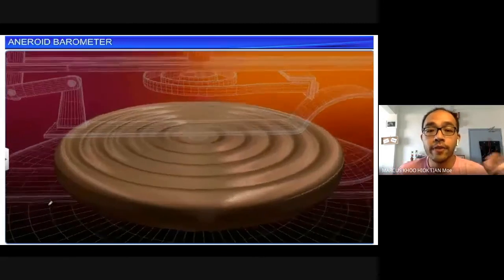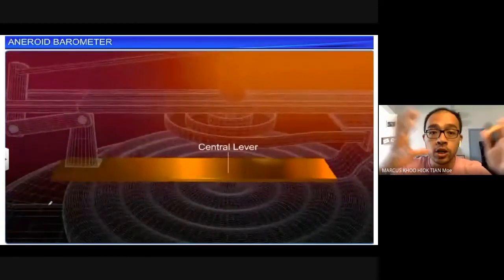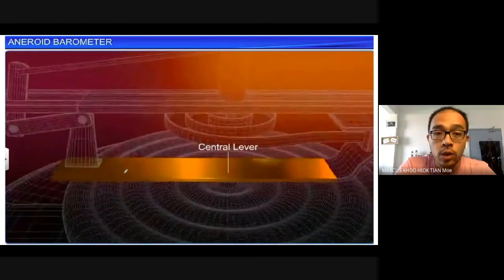The diaphragm will expand or contract depending on the atmospheric pressure. And the expanding and contracting of the diaphragm will change the central lever, which will give you the atmospheric pressure reading.